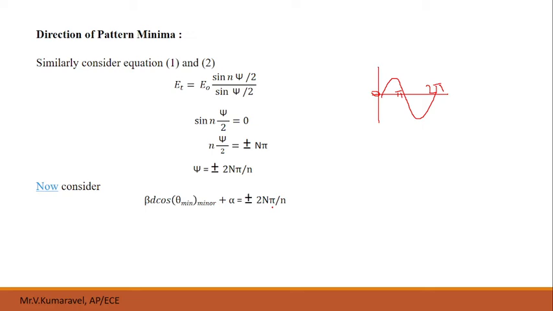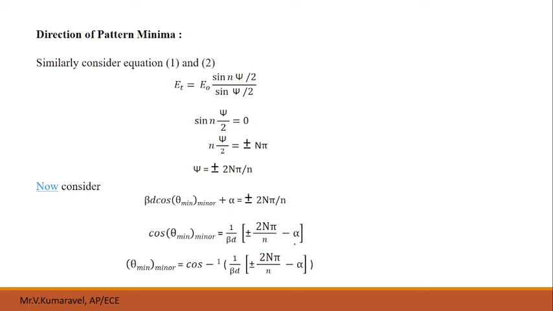Now rearrange it to find the theta minima of the minor lobe. Cos theta minima of minor lobe equal to 1 by beta d into plus or minus 2 N pi divided by n minus alpha. So theta minima of minor lobe equal to cos inverse of 1 by beta d into plus or minus 2 N pi by n minus alpha.